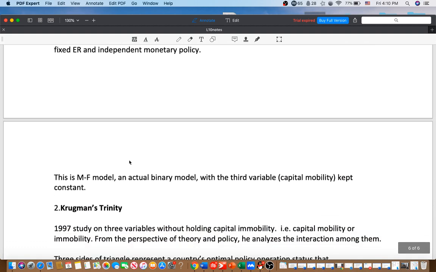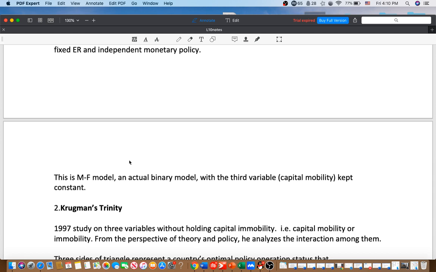So this is the Mundell-Fleming model, an actual binary model, with the third variable, capital mobility, kept constant.